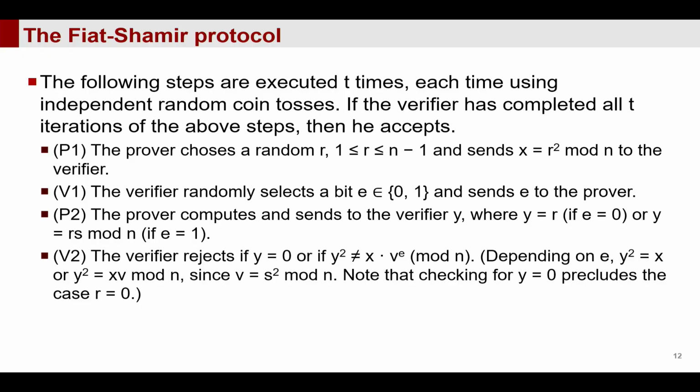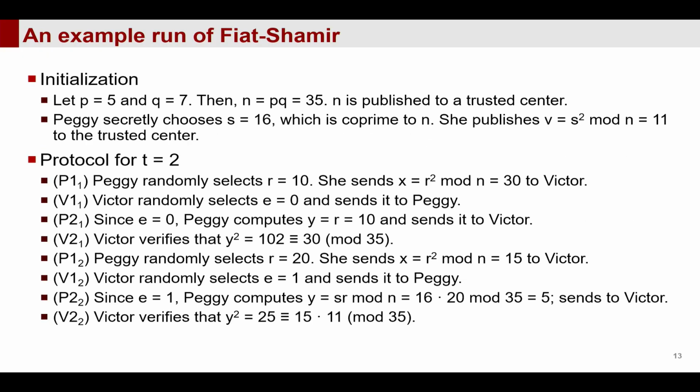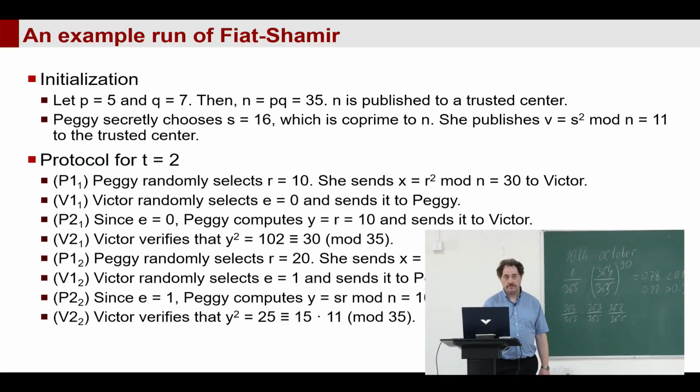So I mean, it's a bit involved, right? Let's take a look at a running example. Let's say that the trusted center picked p and q, the two prime numbers, and calculated their product, which is 35.